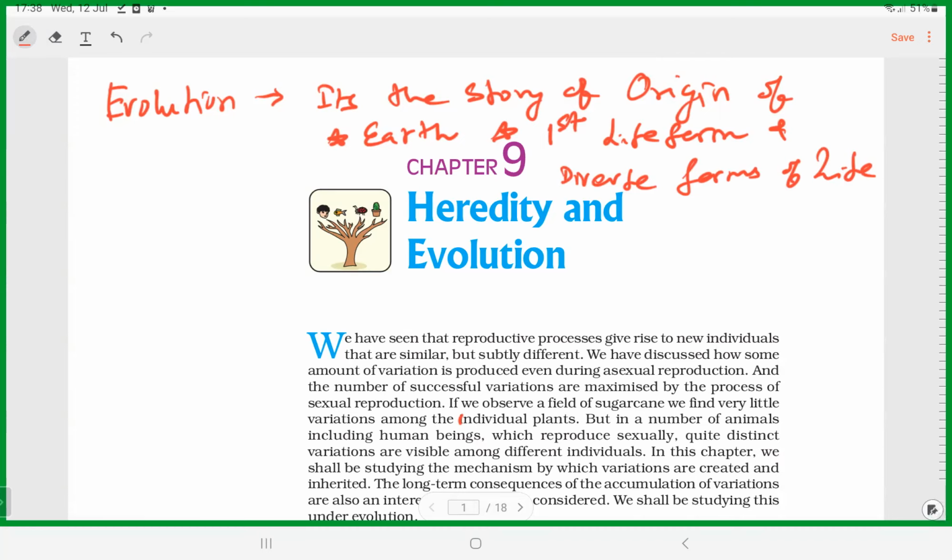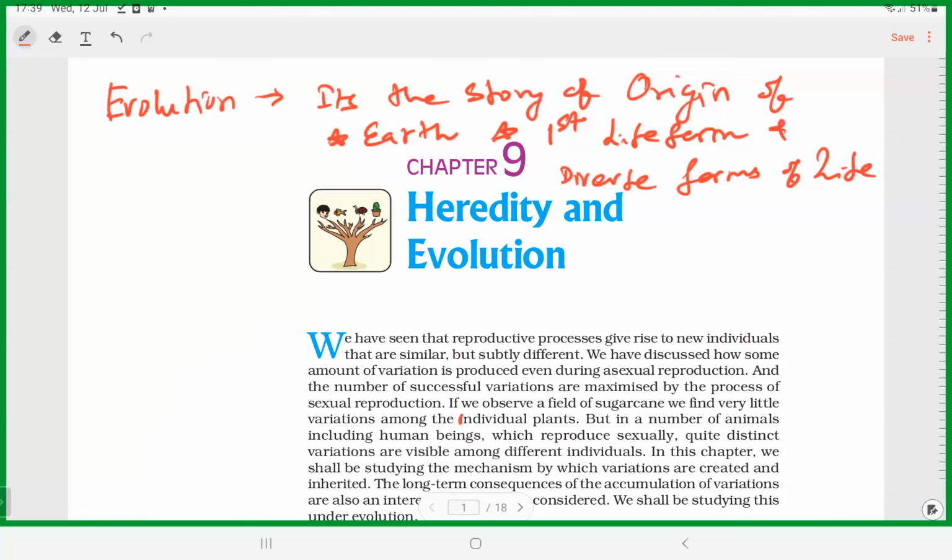It's the story of the origin of Earth, how the Earth evolved, originated from nothing to everything. From the Earth, how the first form of life evolved. And then from that one single form, how many different forms of life evolved. That is, in simple terms, evolution.